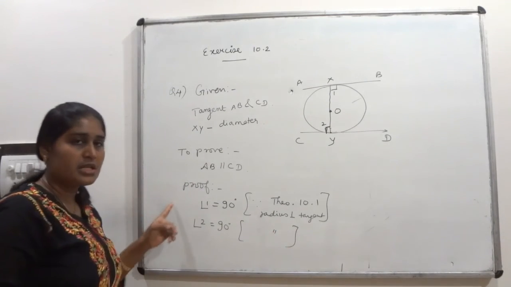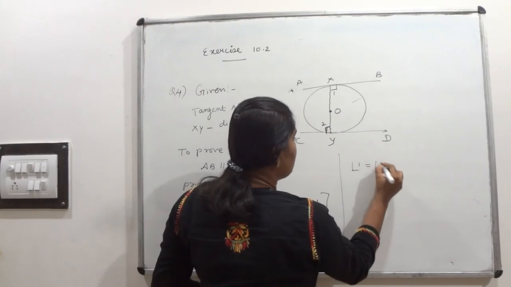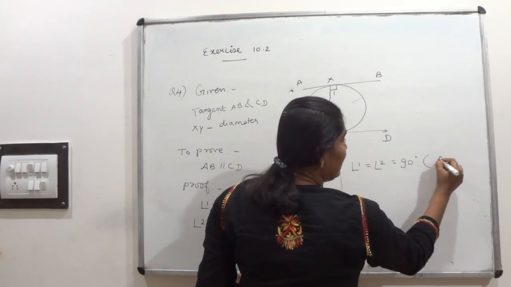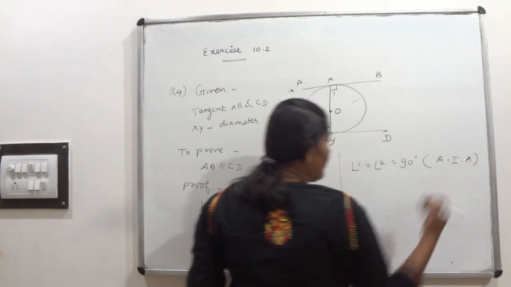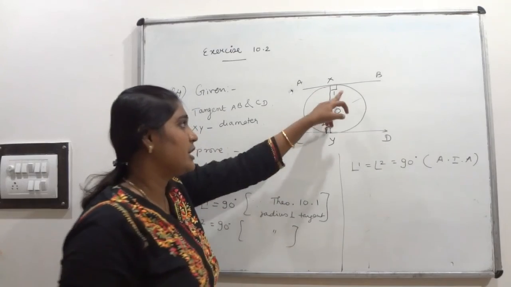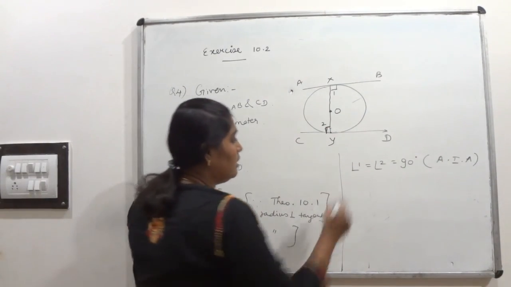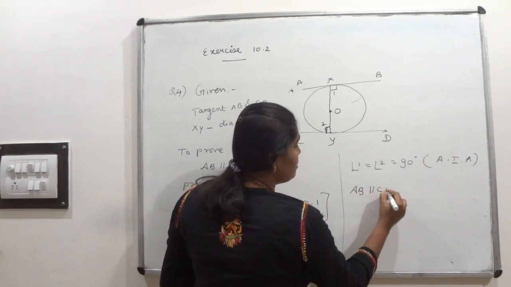We can tell that these two angles are equal. So write it here, angle 1 equals angle 2 equals 90 degrees. These are which kind of angles? Alternate interior angles. When the alternate interior angles are equal, I can tell that these two lines will be parallel. So I can write it here, AB is parallel to CD.